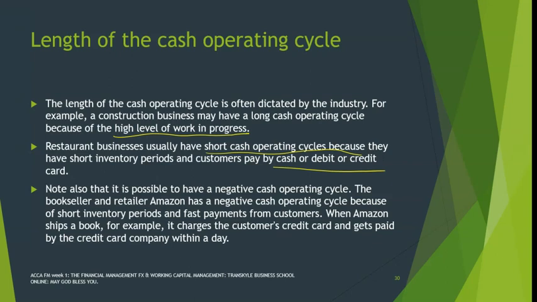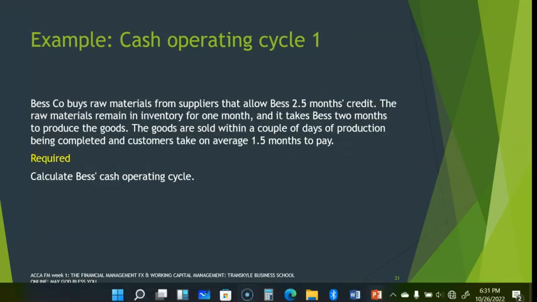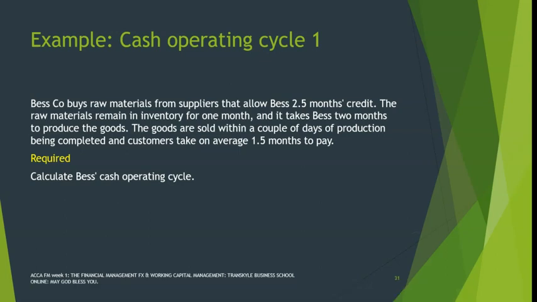All right, let's do an example on these cash operating cycles. Okay, we have got this example, Besco. Besco buys raw materials from suppliers that allow Besco 2.5 months credit.